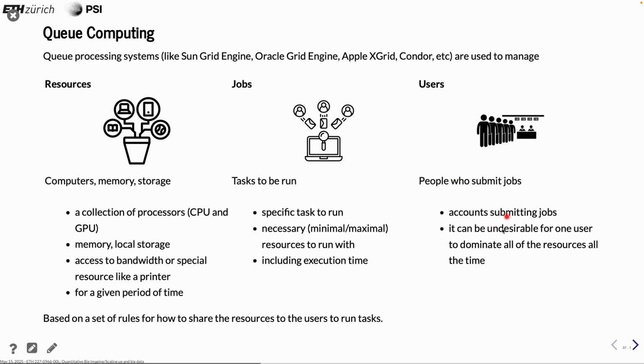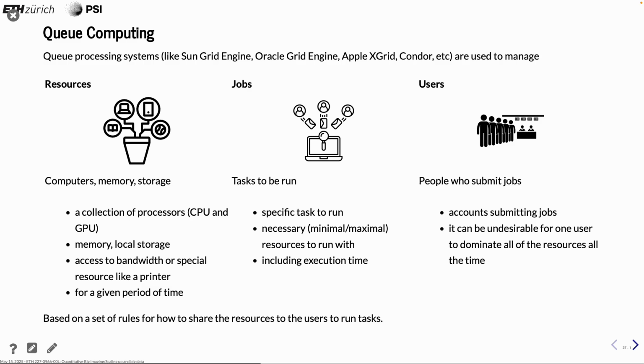Finally, we have the users. Those are the ones that submit these jobs. They have accounts on the computer system where they can submit the jobs. And there is also a question of fairness.